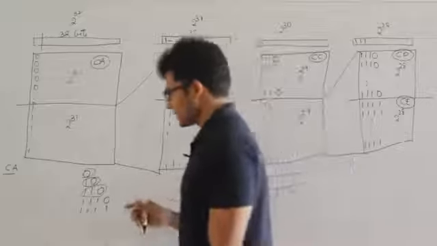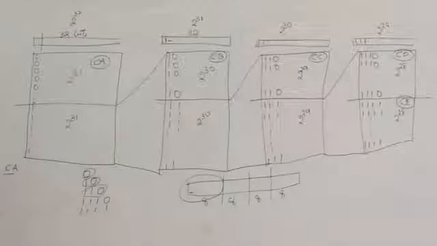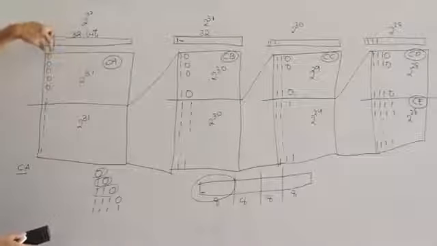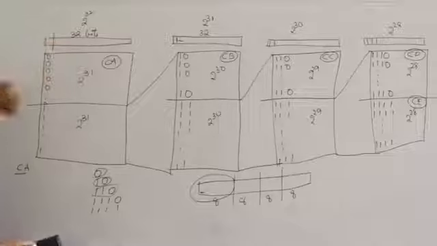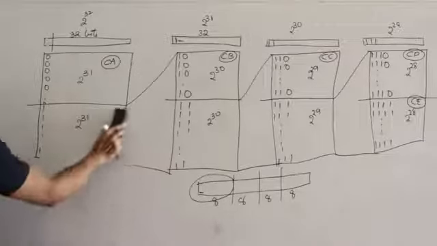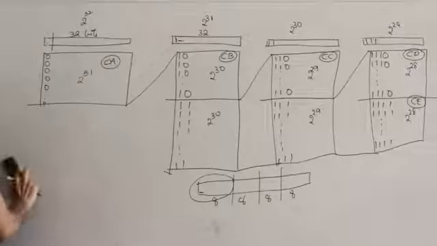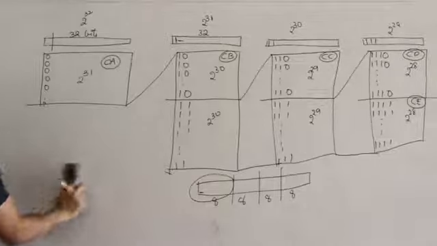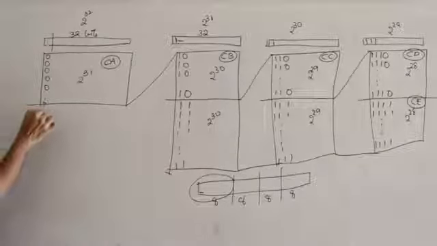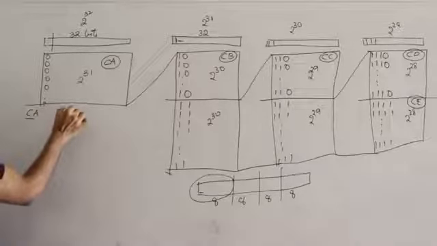Let's talk about class A first. I am just examining class A here. Okay, so you know that class A starts with 0 and there are 32 bits. I want to talk about class A. The first point is, the number of IP addresses in class A is 2 power 31.